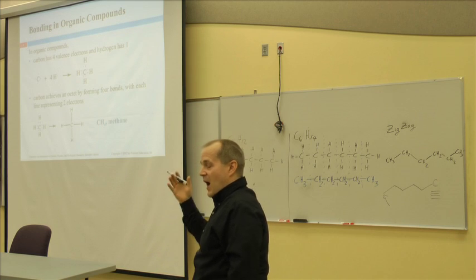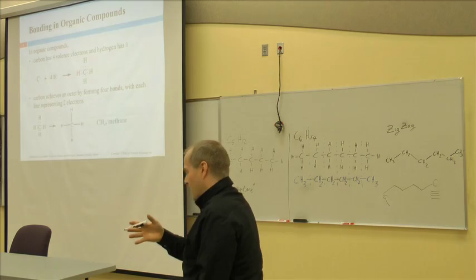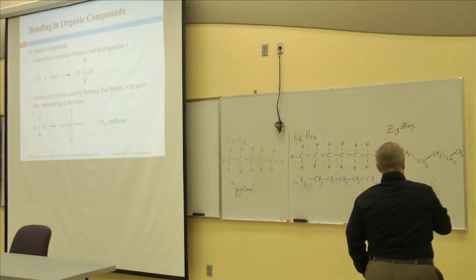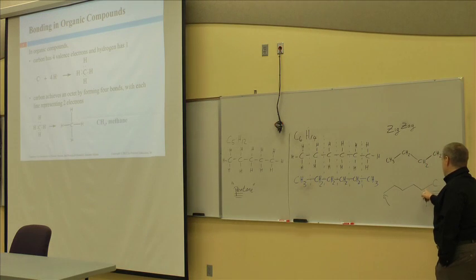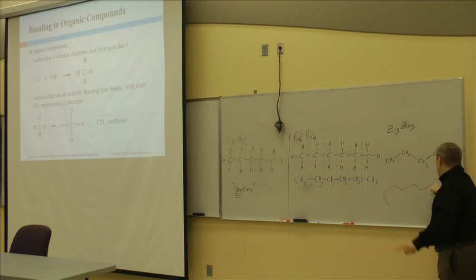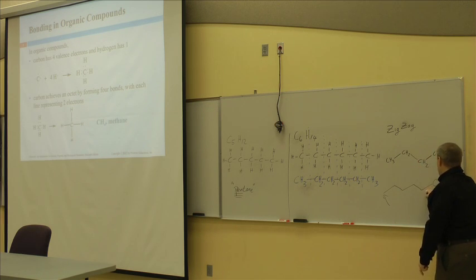Carbon has to have how many bonds? 4. This carbon has 1 line from it, right? So how many bonds does it have at this moment? 1. What must the other bonds be? Hydrogen. It only has 1 line, so it has to have 3 hydrogens.